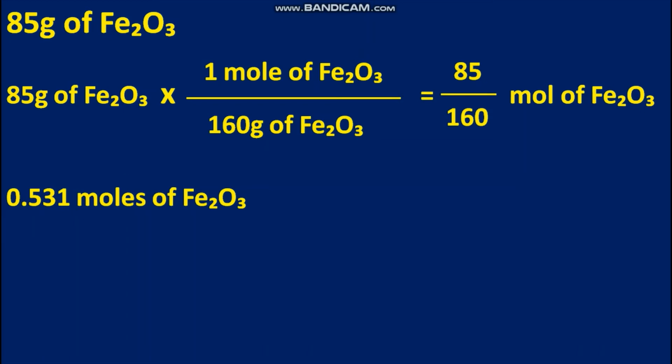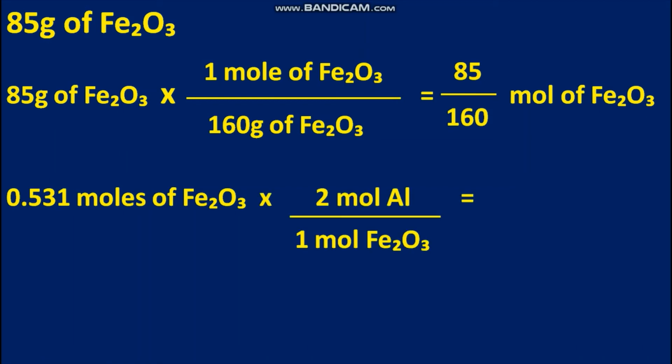And as we know, the mole ratio is 2 to 1 because the aluminium has the 2 before it. We must times 0.531 or 0.53 moles by 2, or 2 over 1, because of the mole ratio, and now we know we have 1.06 moles of aluminium.